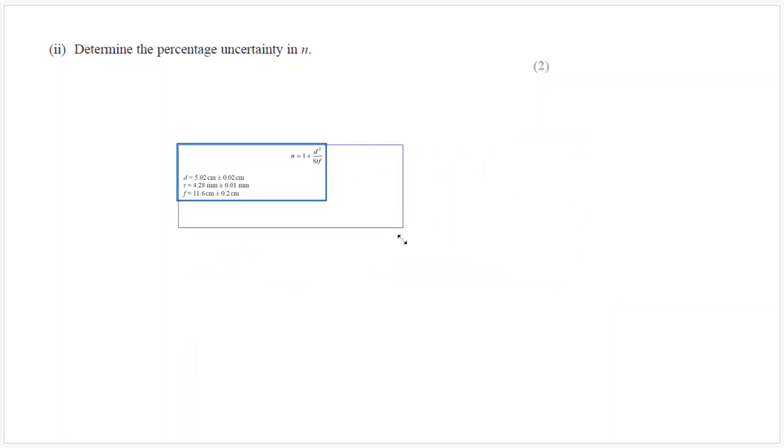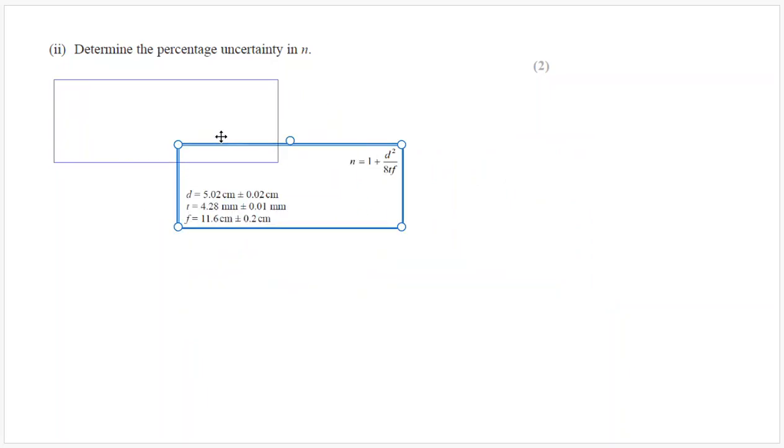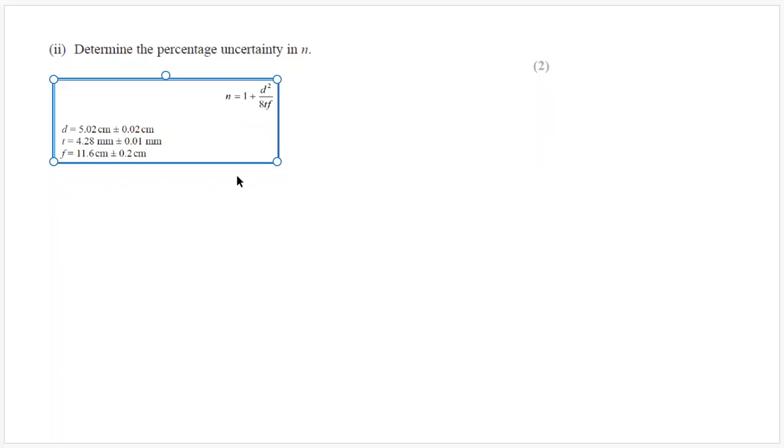This is just for my convenience, so I can see what I have to deal with. Now they asked me to calculate the percentage uncertainty in N, right? All right. So what do we do? Since there is a plus sign here, right? You cannot just add this up. That's not how it works.